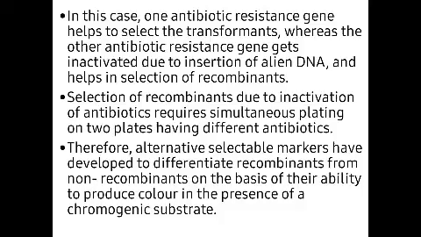So in this case, one antibiotic resistance gene helps to select the transformant, right? Whereas the other antibiotic resistance gene gets inactivated due to insertion of alien DNA and helps in selection of the recombinant DNA.